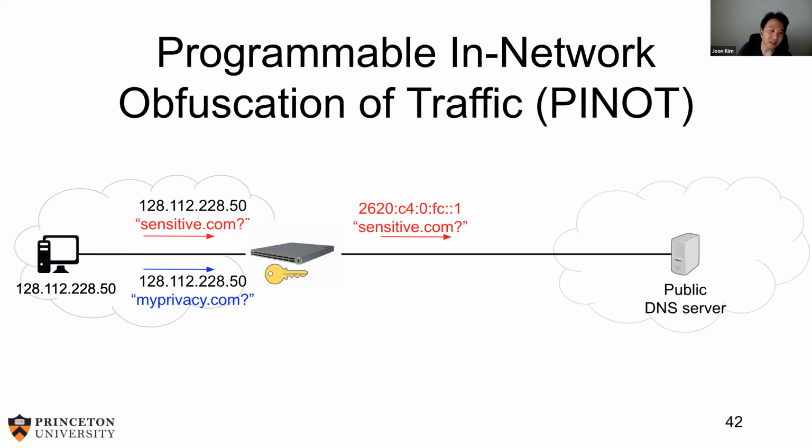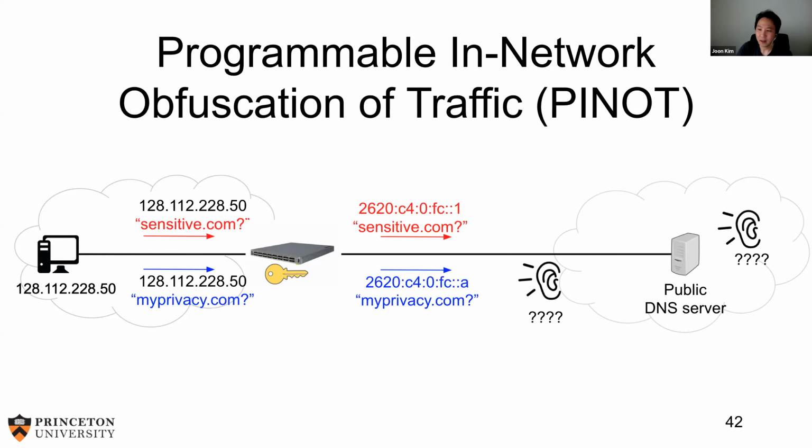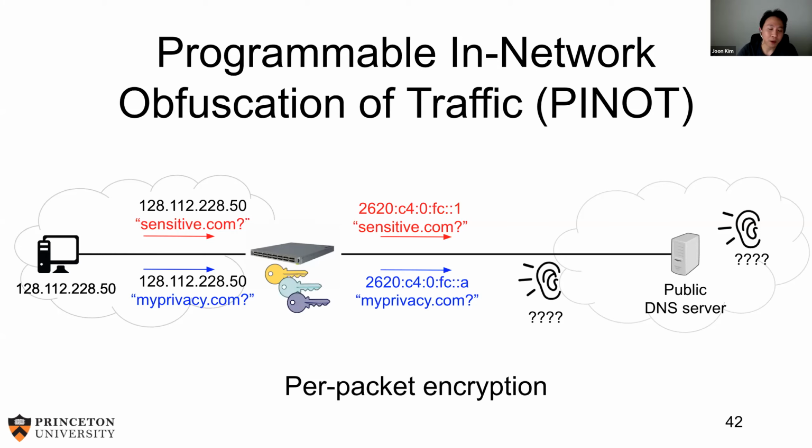What's also interesting is that this host can ask the same question to a different domain using the same local IP address, but for that packet it will use a different IP address. We can do this per packet, and that's possible using the line-rate programmable data plane. If you do this, even if the adversary listens to the traffic, it's hard to pinpoint who is actually sending this query. And you can have multiple keys and just rotate them to make it even harder to break.